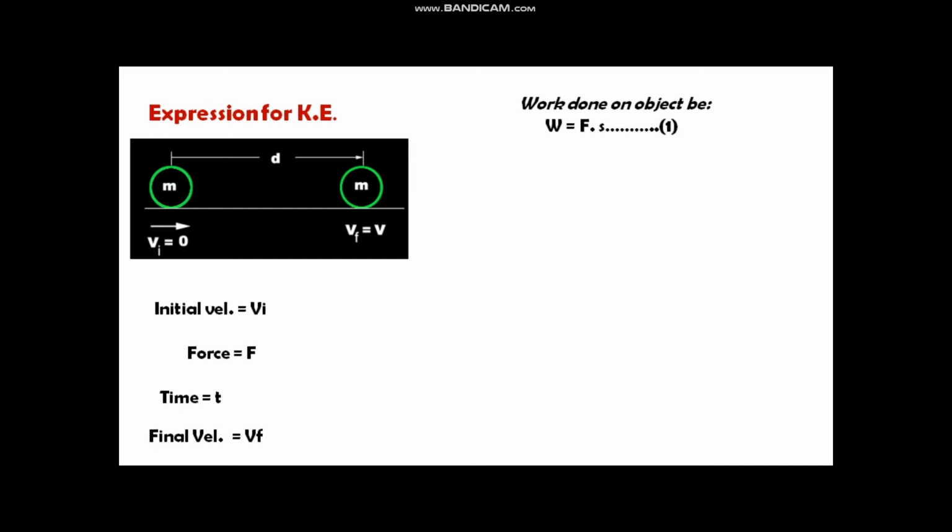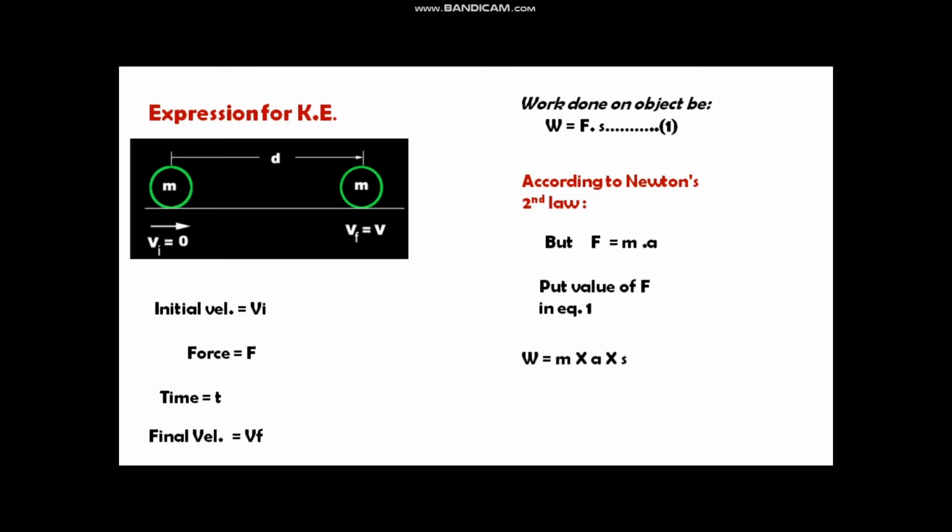The work done is W equal to F into S, equation 1. But according to Newton's second law, F is equal to ma. Now put this value of F in equation 1, we get W is equal to m into a into S.